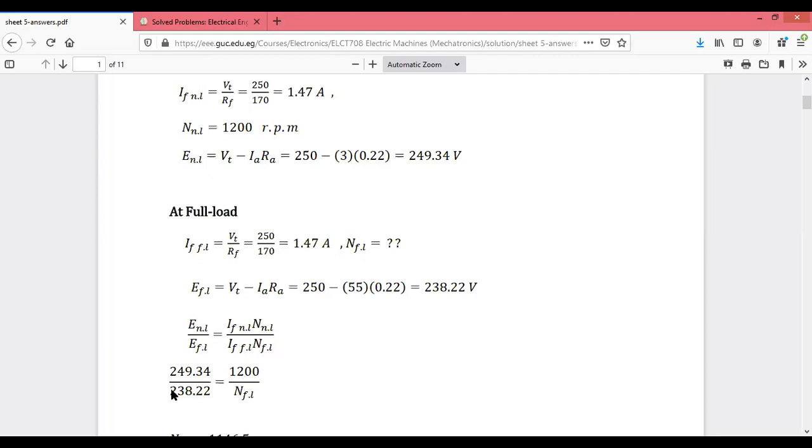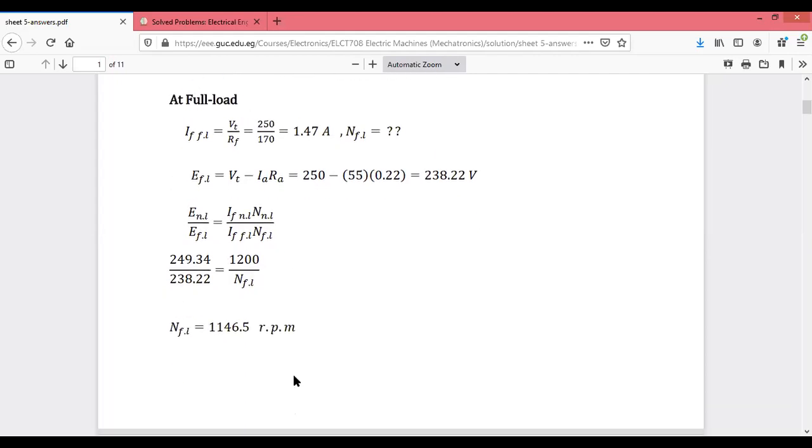Now there are three terms, and you need to solve one, N_FL, the speed at full load, which equals 1200 into 238.22 upon 249.34. If you solve, you get 1146.5, and the unit is rotations per minute.